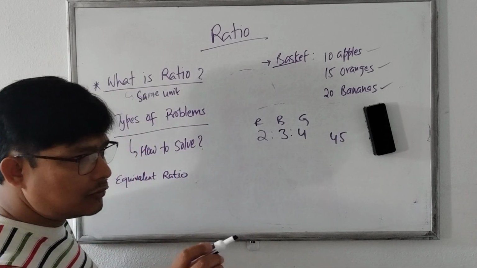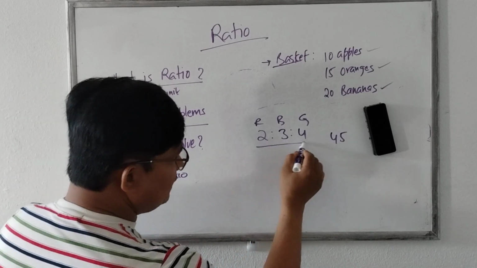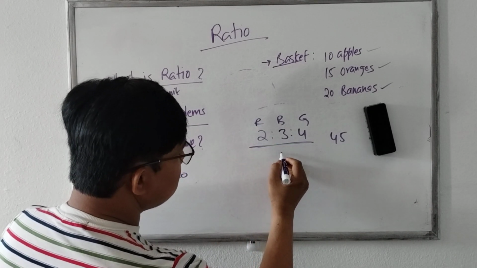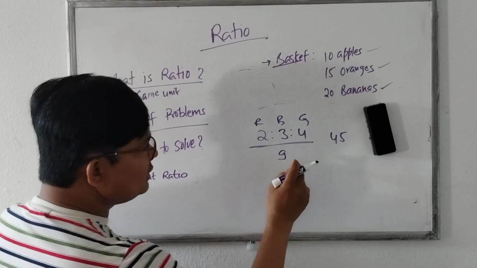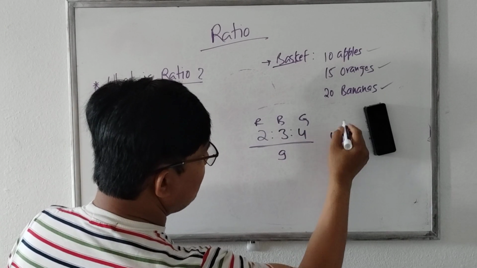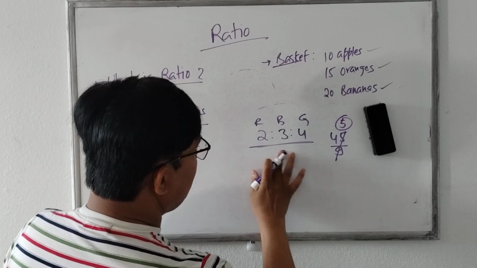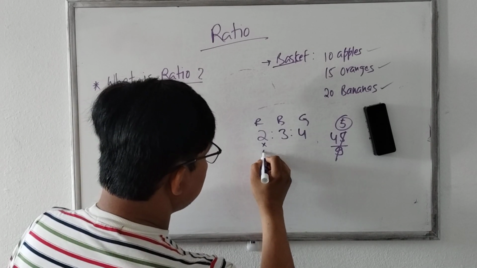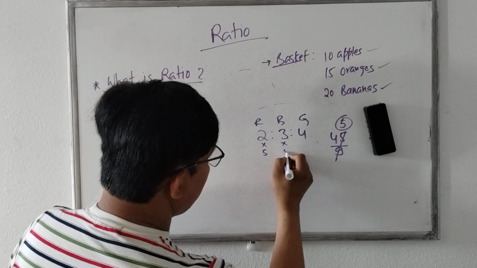In that case, remember, take the sum of these numbers, 2 plus 3 plus 4, which is 9, and use this to divide the total. 45 divided by 9 is 5. And then multiply all of these numbers in the ratio by 5.